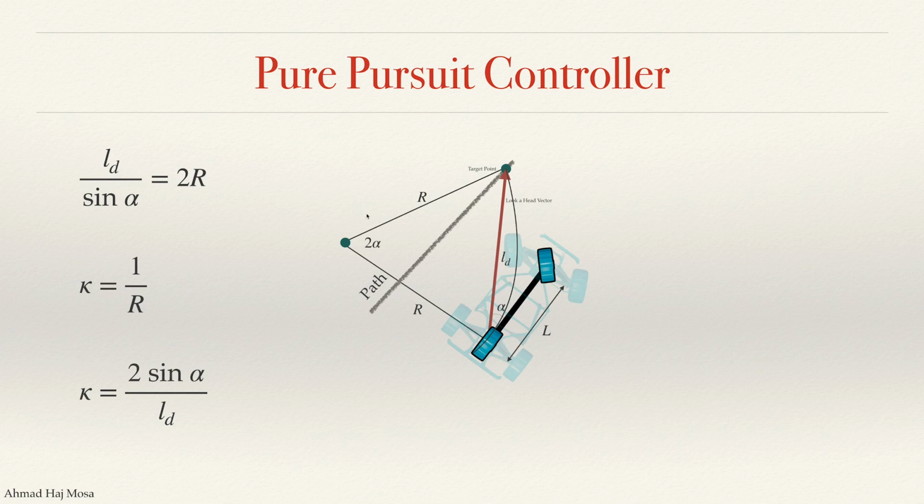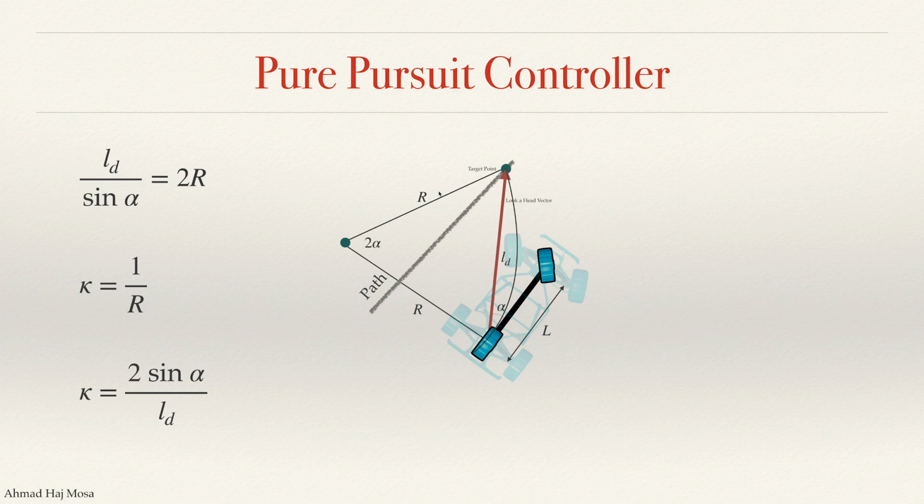These two radii together with LD form a triangle, where we can derive that this angle is 2 alpha and this one is alpha, as you remember. If we have this instantaneous rotation, then the curvature of that curve is given by 1 over r, the radius of that rotation.